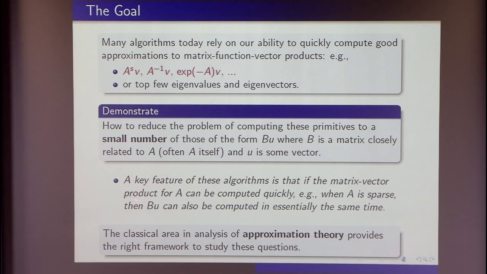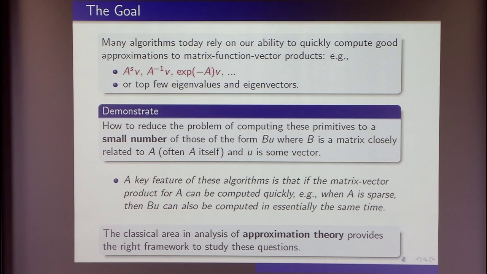And so this talk would go through trying to understand these reductions via a classical area of analysis called approximation theory. And it turns out that often this is the right framework to study the complexity of these. How much can you speed these things up?